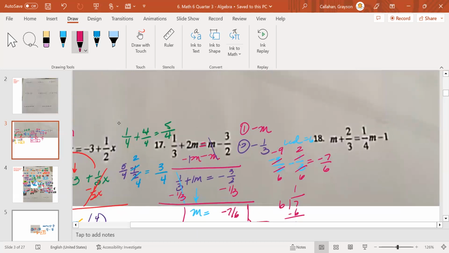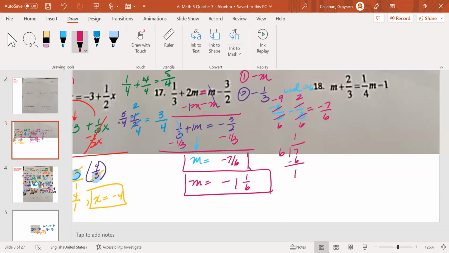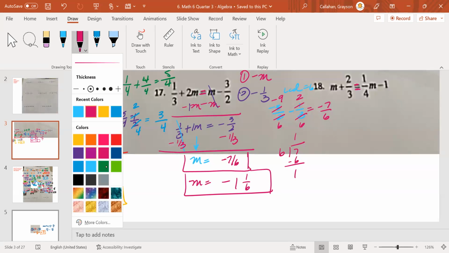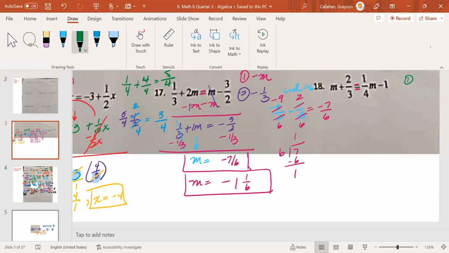Okay, so for number 18. Number 18, if you take a look at the left side of the equal sign, you have m and 2/3, so you can't combine anything there. On the right side, you have a 1/4m minus 1, so you can't combine anything there either. So here are your steps. You always want to move the smaller x, the smaller variable. So in that case, it's 1/4m. So this is a 1. So when I subtract the 1/4m on the right side, minus 1/4m on the left side, this part cancels.